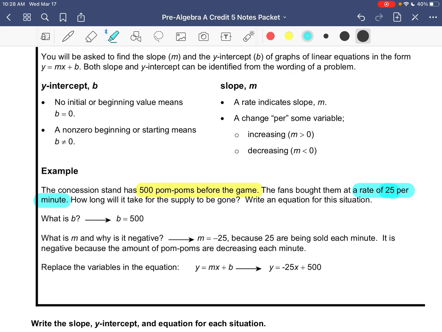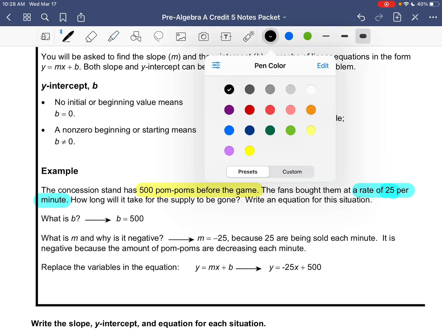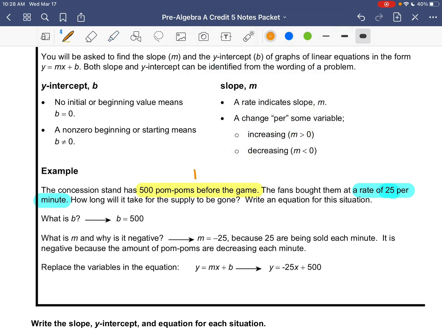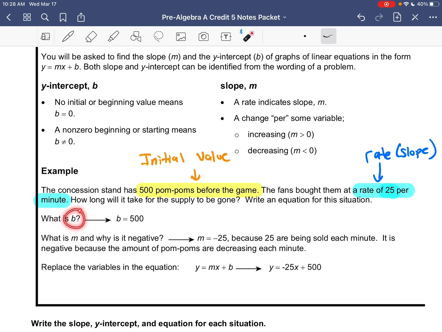Now, what is highlighted in yellow is the initial value. At the start, we have 500 pom-poms before the game. And what's highlighted in blue is the rate. And remember, another word for rate is slope. So the y-intercept, b, would be equal to 500, because that's what we have at the beginning.